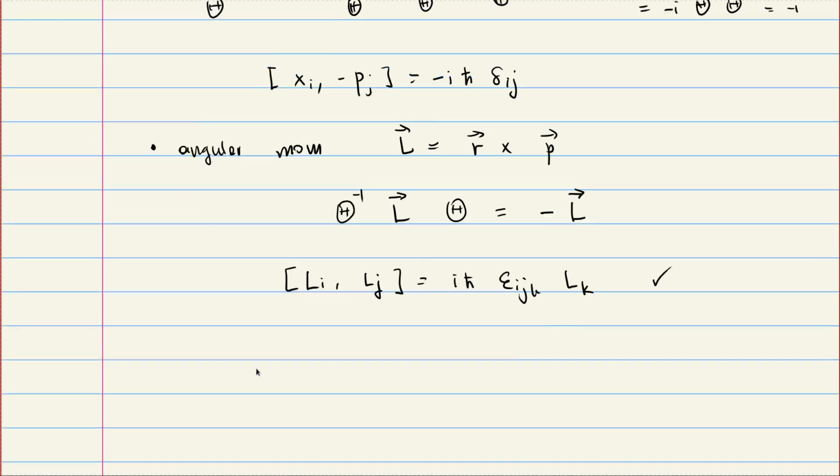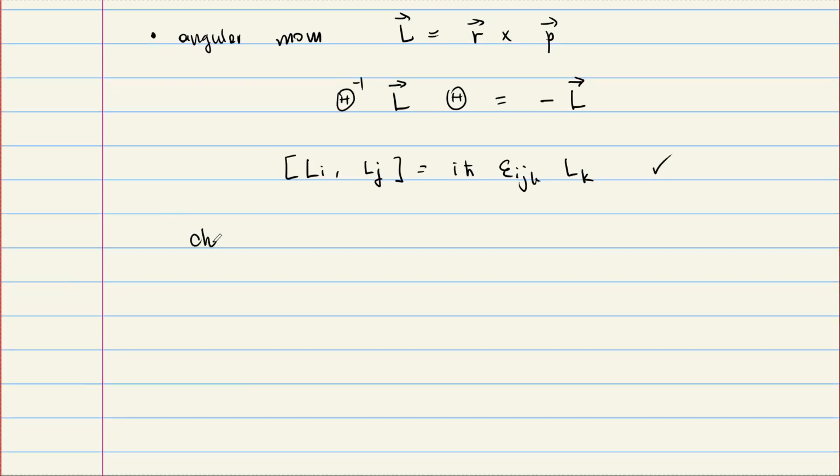So let me check, e to the i p x goes to e to the minus i p x, and psi nlm will go to, let me just write the results, minus 1 to the m psi n l minus m.